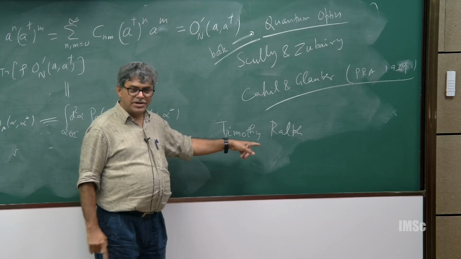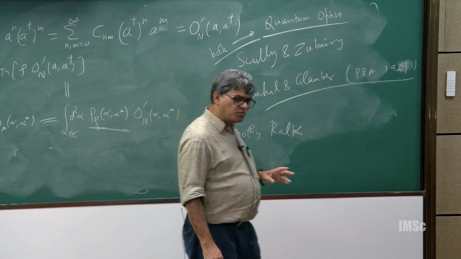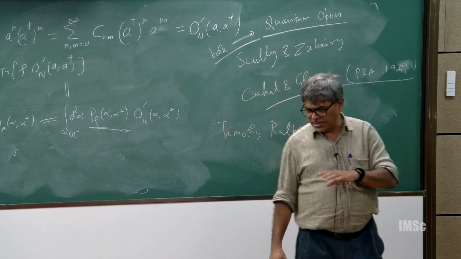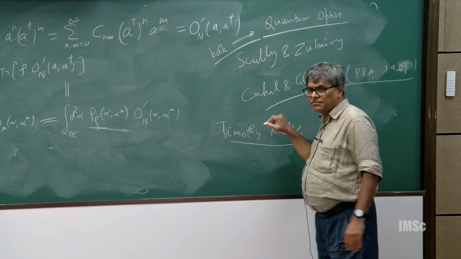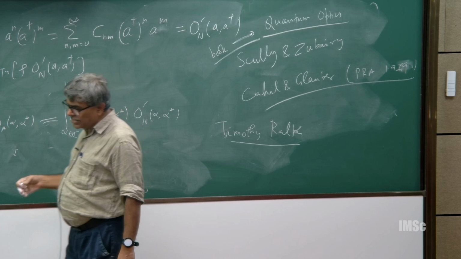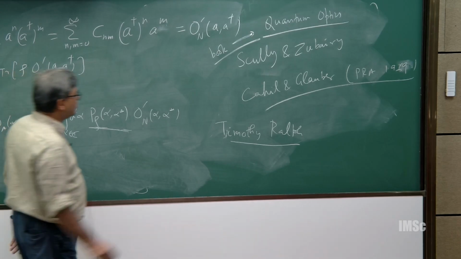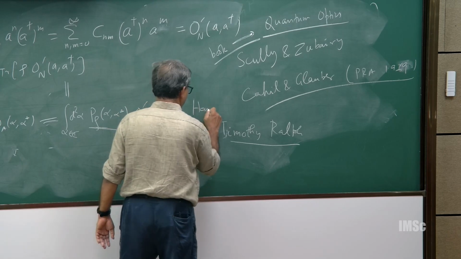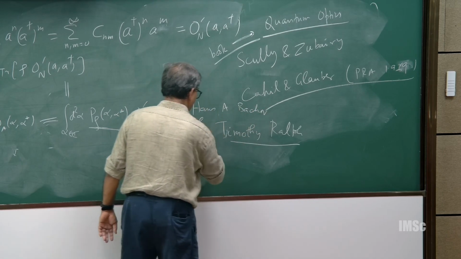This is a 2004 book, but it has a 2019 edition also. It is like an experimental guide to quantum optics, A Guide to Experiments in Quantum Optics, by Hans A. Bachor and Timothy Ralph.